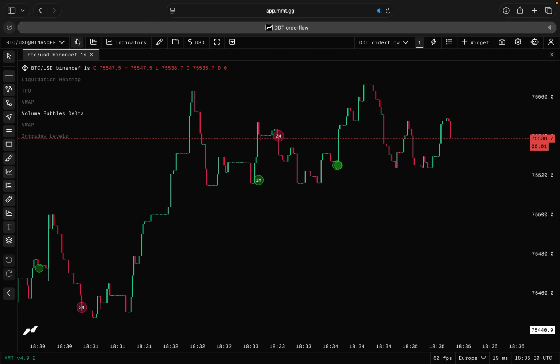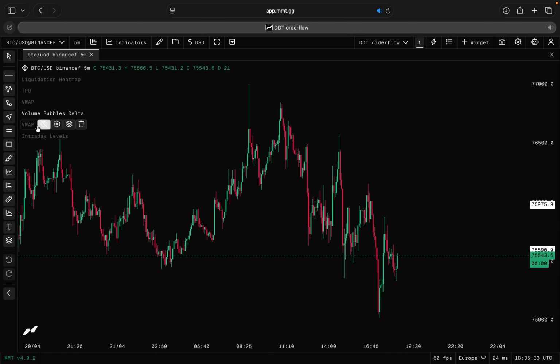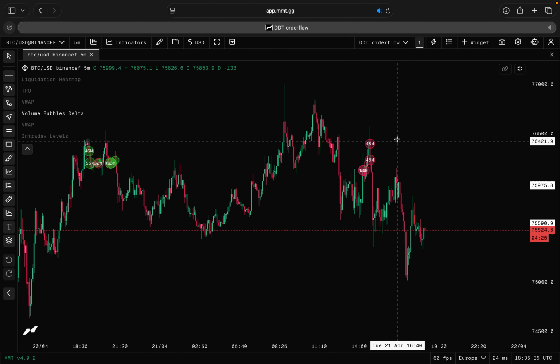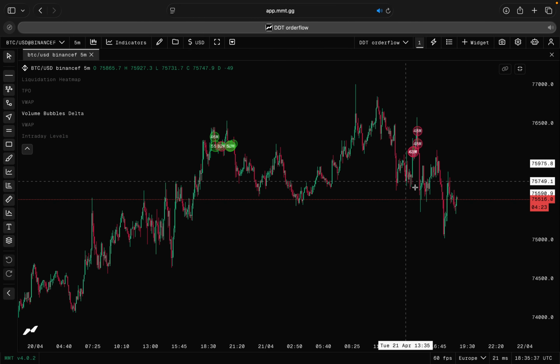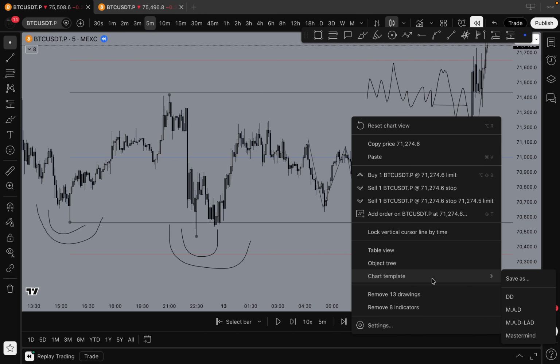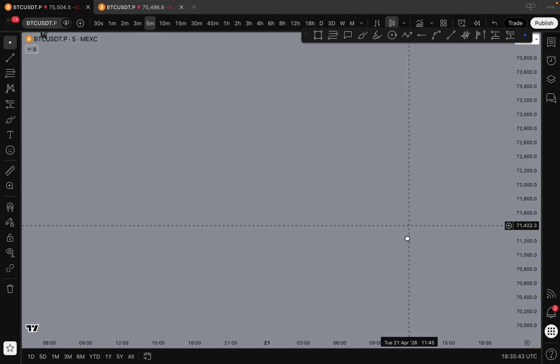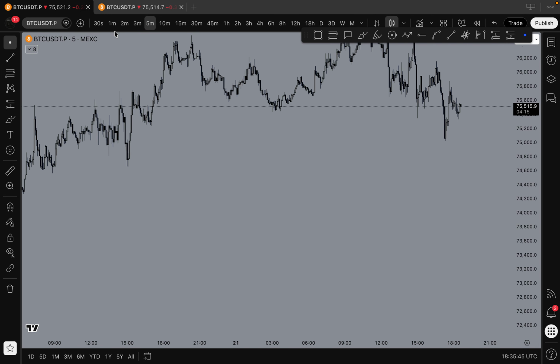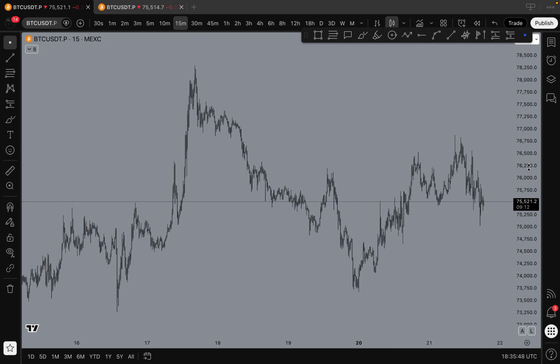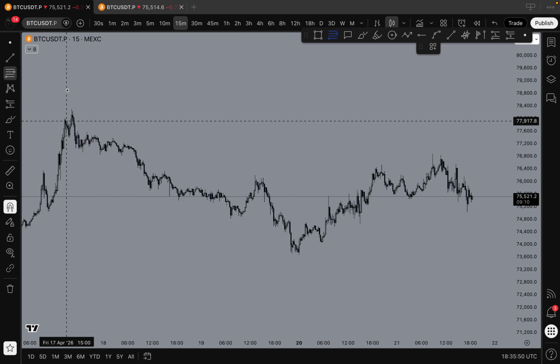So this is on the pure delta. Usually when I have a range, I already know I don't want to trade in the middle, because that's where you get trapped.